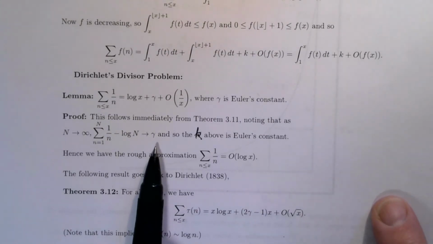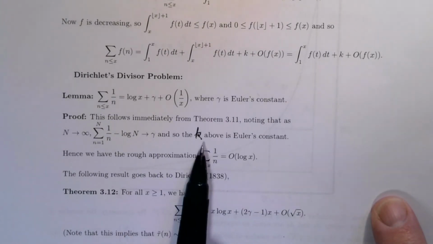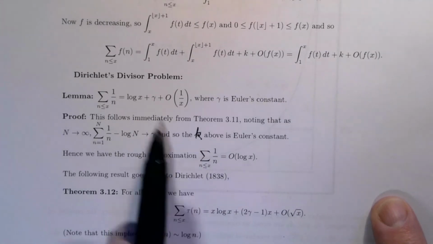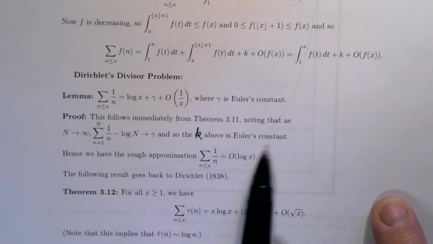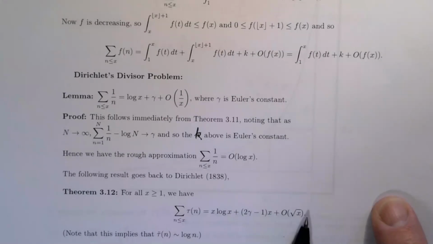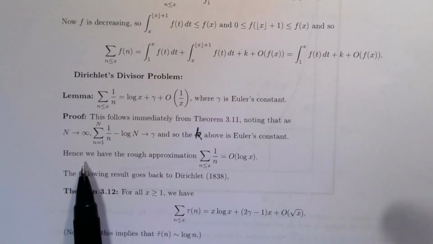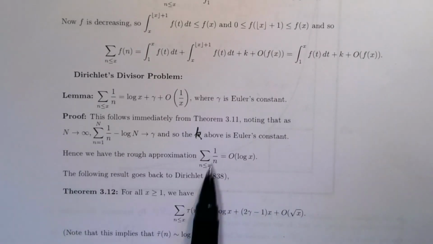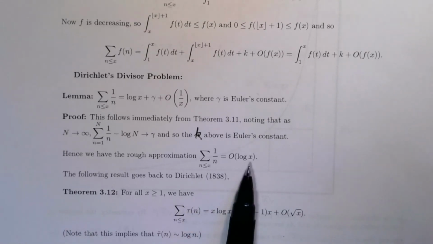And so that means k, the k in the above, is just gamma. It's just Euler's constant. Now, by the way, this gives us a rough approximation. We can say that the sum over n less or equal to x of 1 over n is big O of log x, which is what we might expect for a sum like this one.